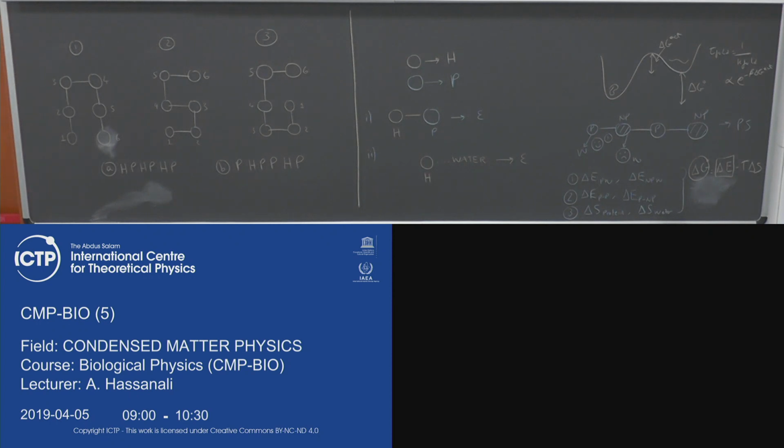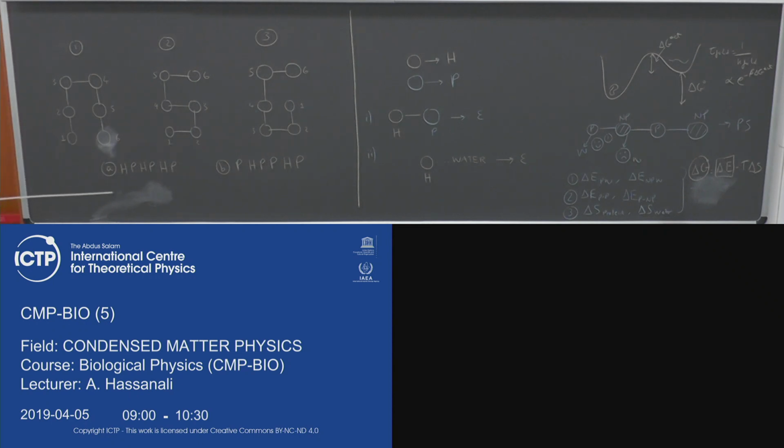Now they say, well, let's consider 2 sequences and ask which of those sequences will form compact protein folded-like structures. By protein folded-like structures, those where the H groups are buried and close to each other. Okay, so that's the question.